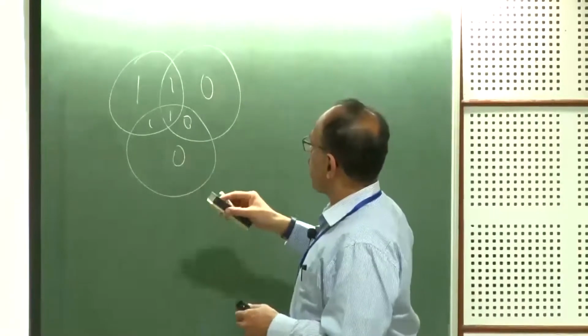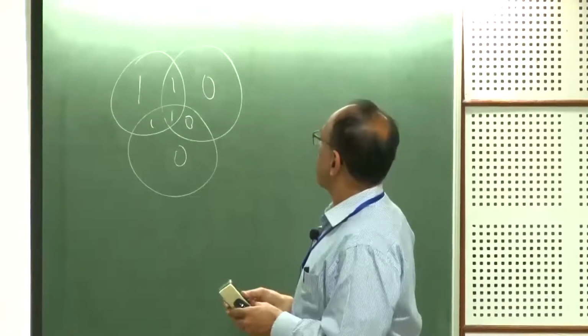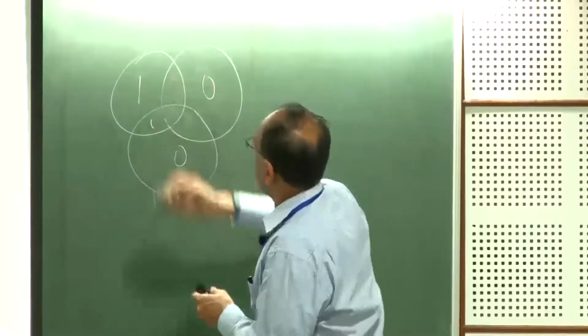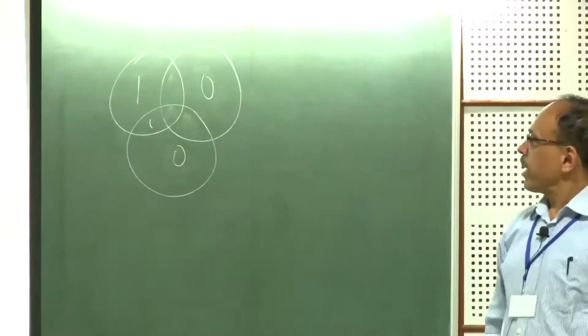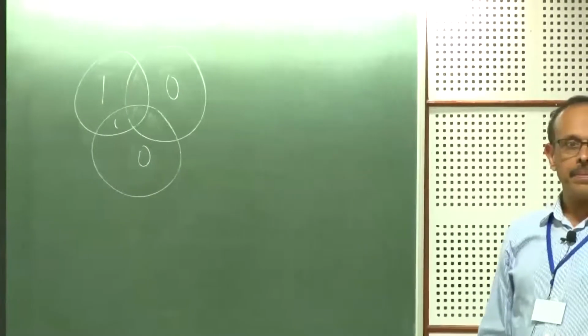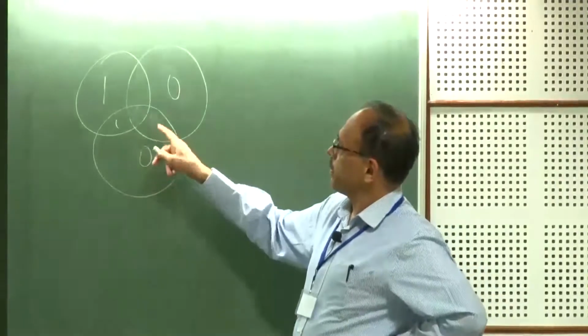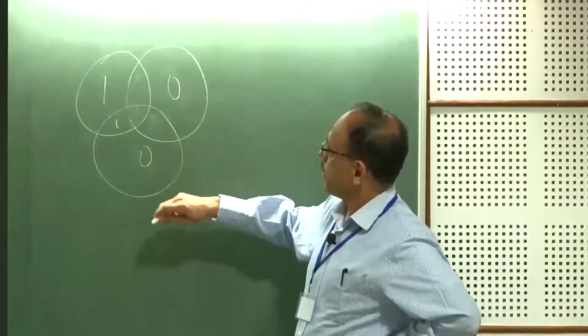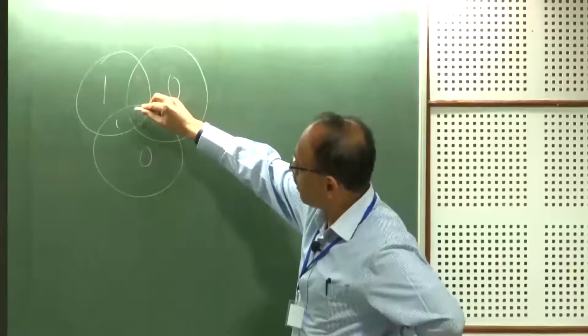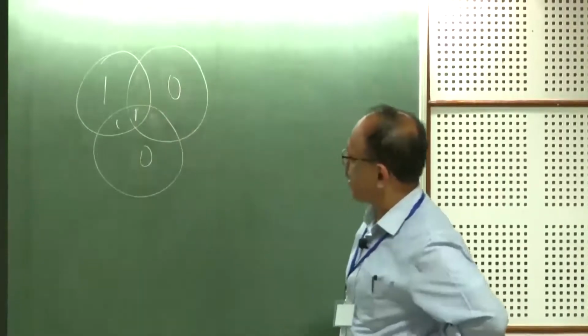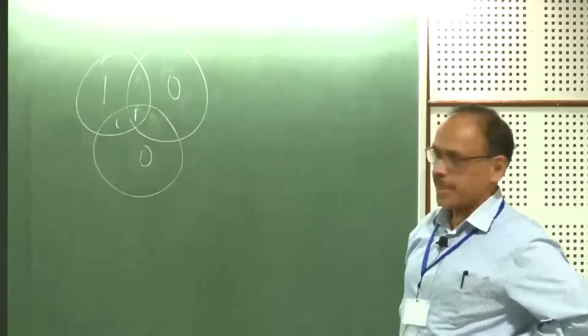But what if all 3 have been erased? Can we recover? What was it before here? 1, is it? Let us say only these 2 have been erased. Can we recover now? Yes, you can.